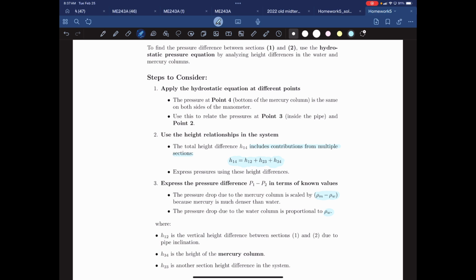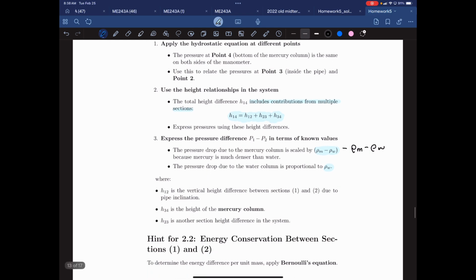Because mercury is much denser than water, that's why we have rho m minus rho w for this relation. Okay. Any questions? Okay. So that's for 2.1.